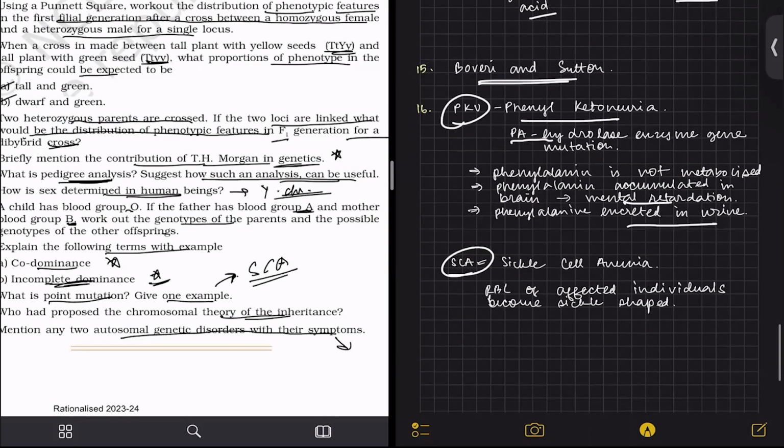And in sickle cell anemia, the RBC is getting affected, and RBCs are becoming sickle shaped when there is presence of the HbS gene.